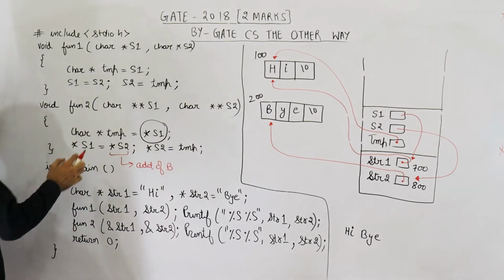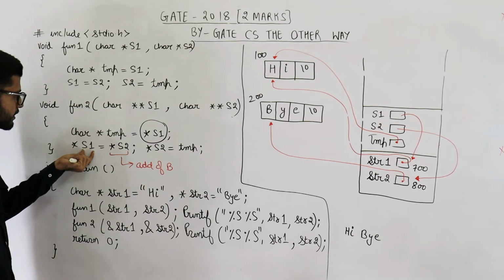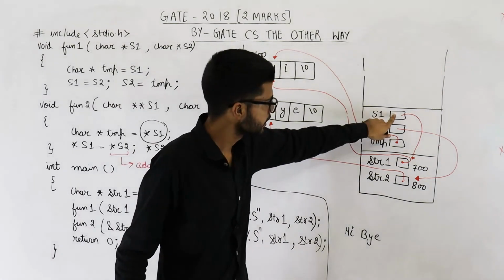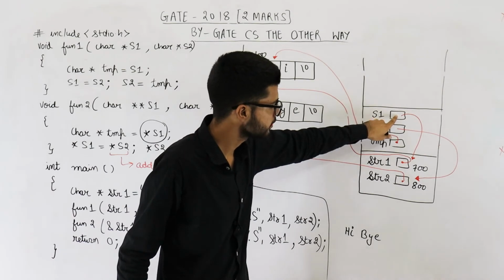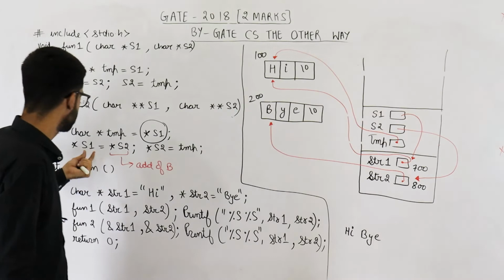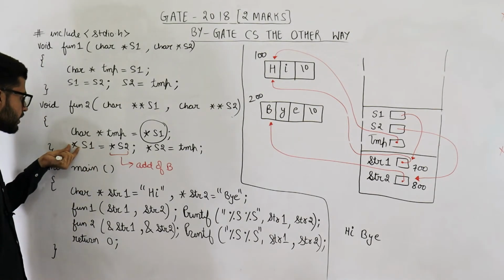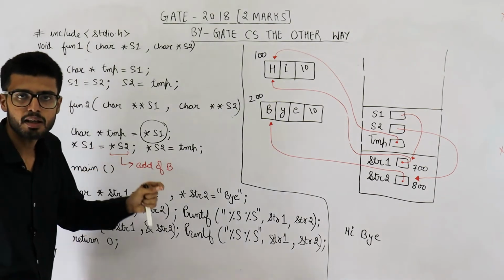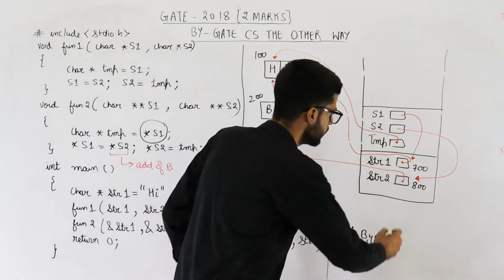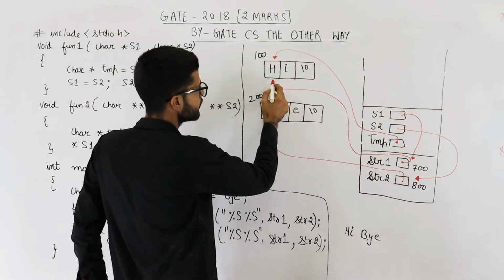What is this thing? This is whatever is the value present at address S1. So this is S1. S1 is an address that contains 700. So S1 contains 700. S1 means 700. Writing a star means take the value at that address 700. At address 700, what is the value? The value is address of this h.